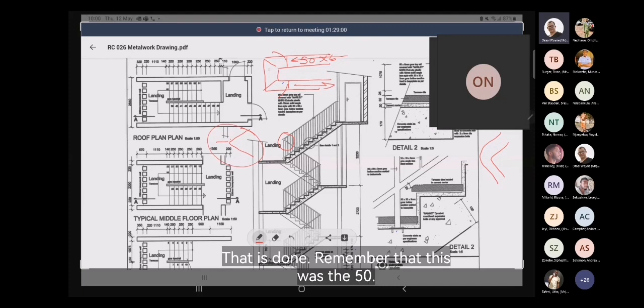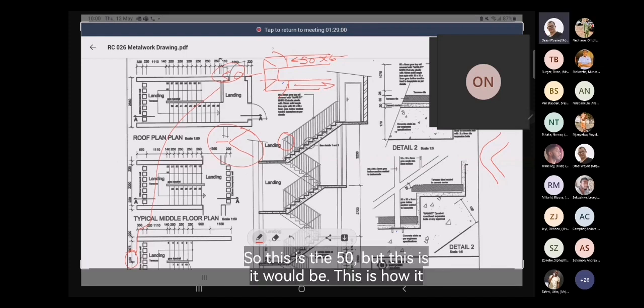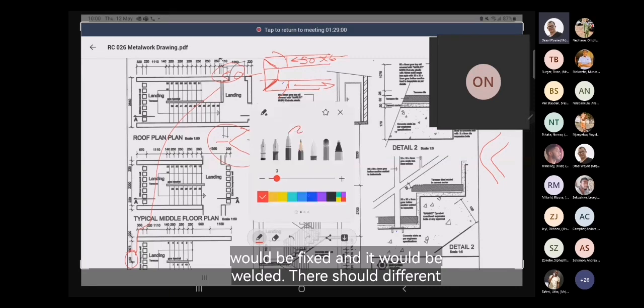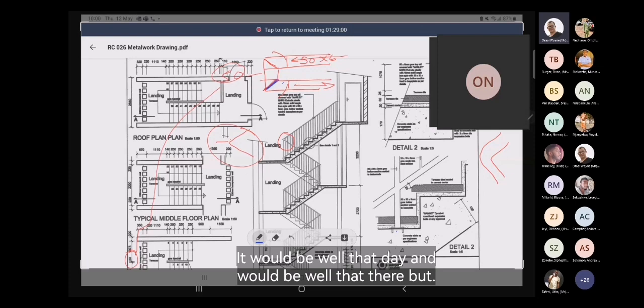And remember that this was the 50. The 50 that is shown over there. So this is the 50, but this is how it would be fixed, and it would be welded there, and it would be welded there.